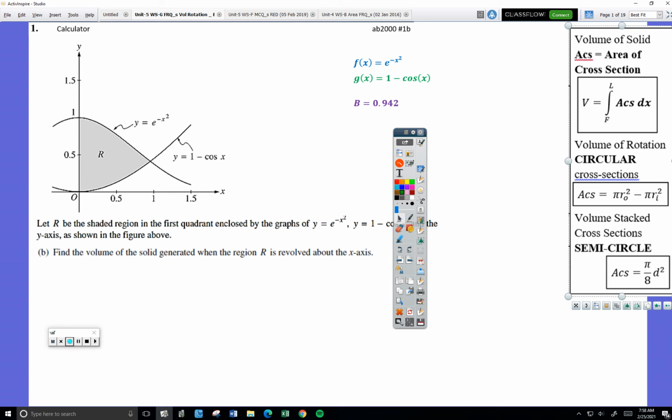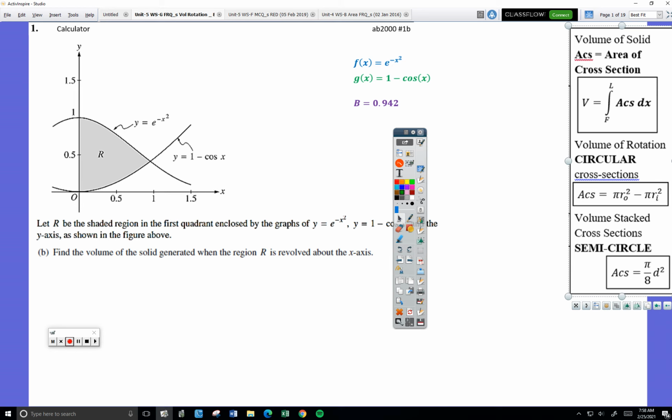Same thing is true for volume. Instead of trying to find the volume that you see, you don't pay attention to that at all. You pay attention to what I call one slice of the volume. The text calls it a cross-section. So if you look at the object like this and you cut it up, you create cross-sections, slices.